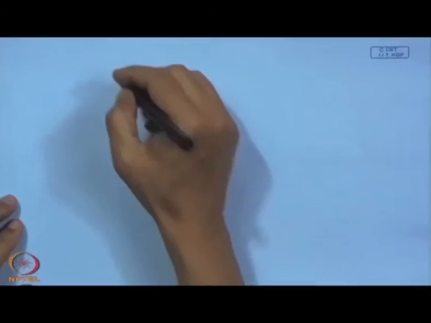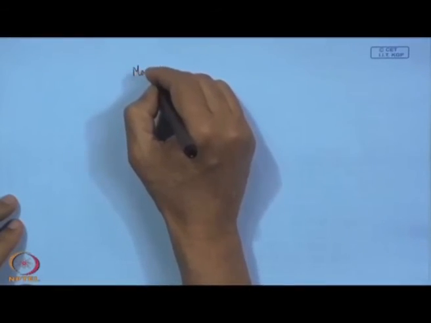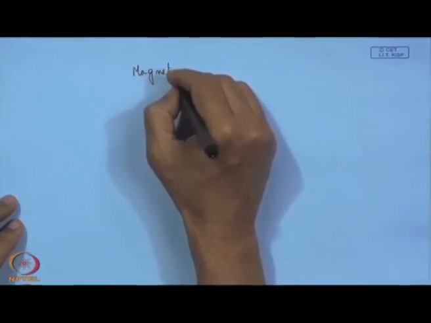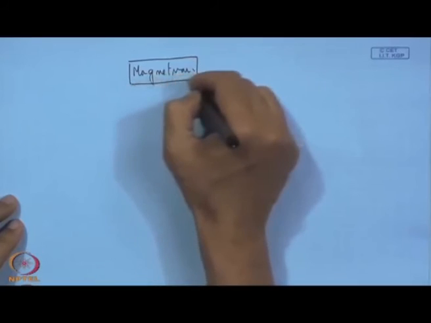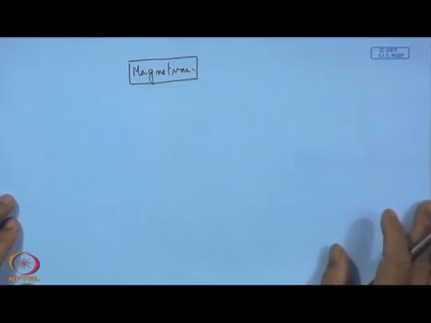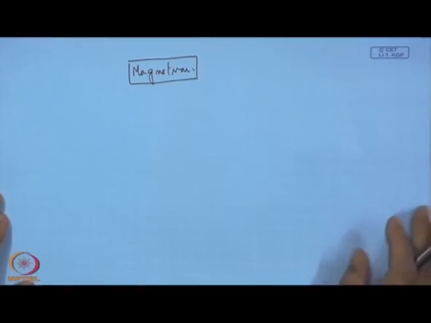Now, we have another one, called the inverted magnetron gauge. Here we also use a magnetron to augment this process of ionization and to make this gauge very effective during working.